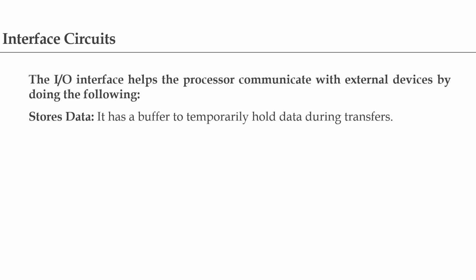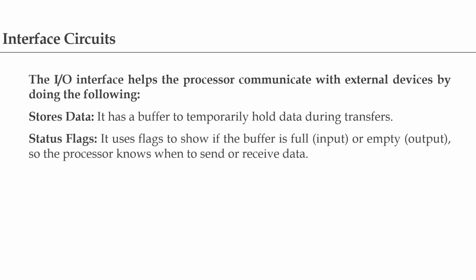The input-output interface typically includes a buffer to temporarily hold data that is being transferred between the processor and the input-output device. This allows the processor to continue executing instructions while data is stored in the buffer awaiting further processing.